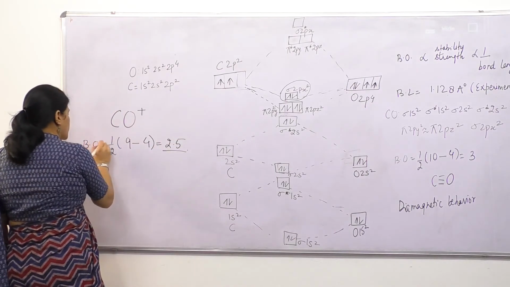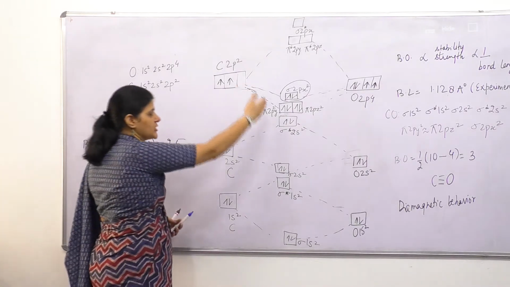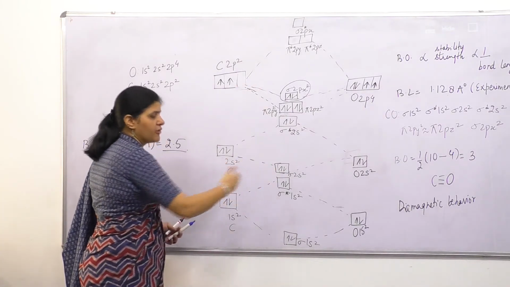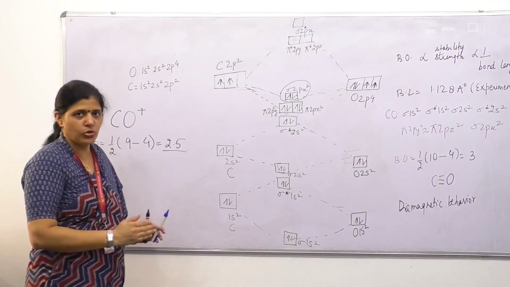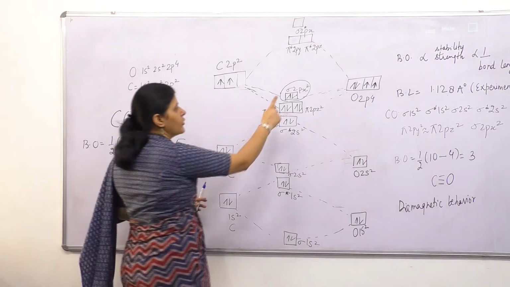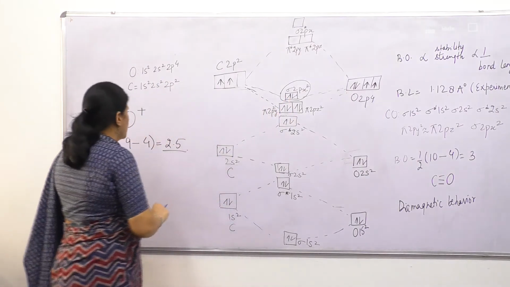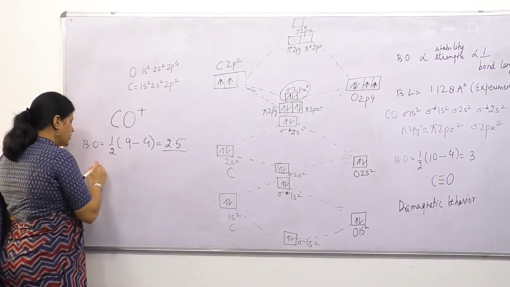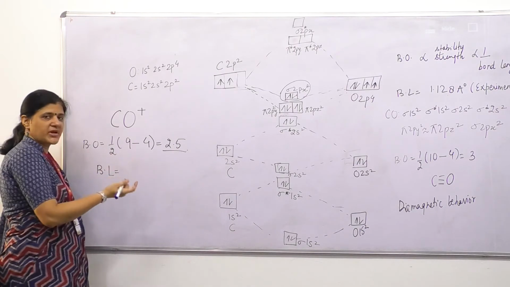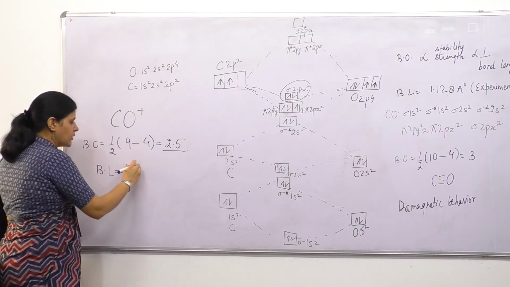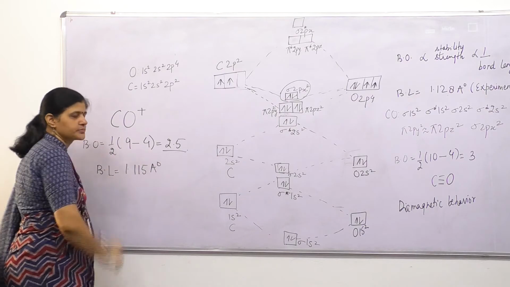This is the bond order which we have calculated on the basis of this MO diagram for CO plus molecule, in which we have removed an electron from HOMO, from this orbital. Fine. Okay. Now the bond length of this molecule CO plus, which is experimentally determined, is found to be 1.115 angstrom.